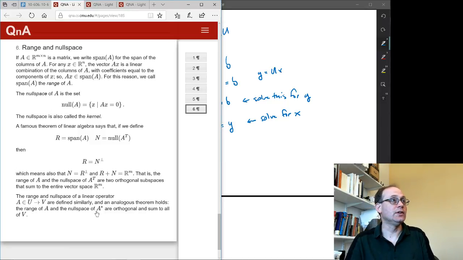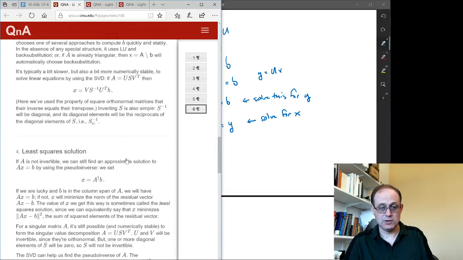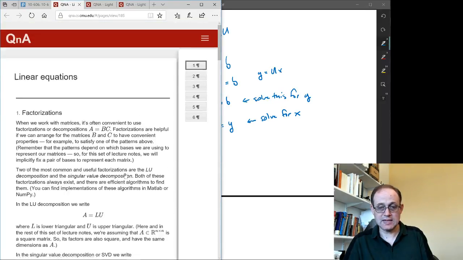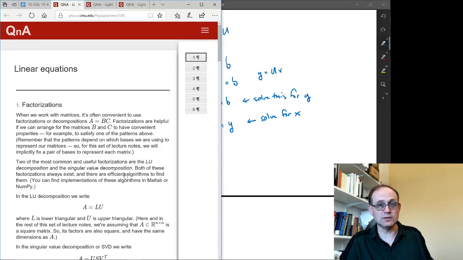All right, so that's how to computationally solve linear equations. This is useful to know because there are a lot of algorithms where a major step boils down to solving a system of linear equations, so it's good to know how to do that well.